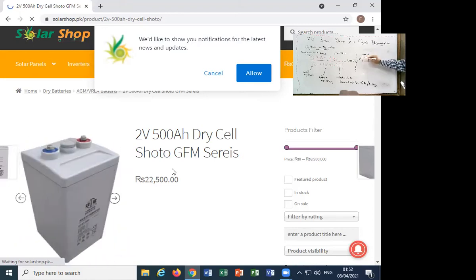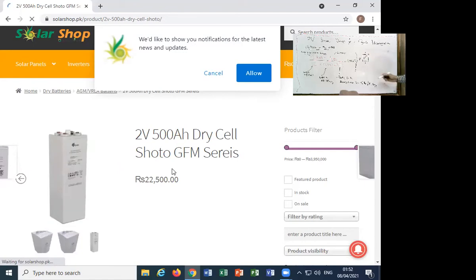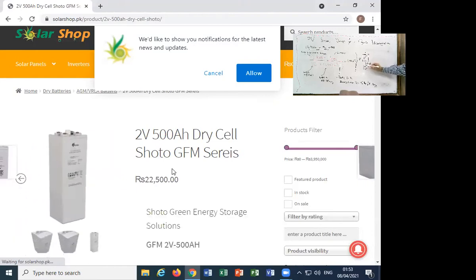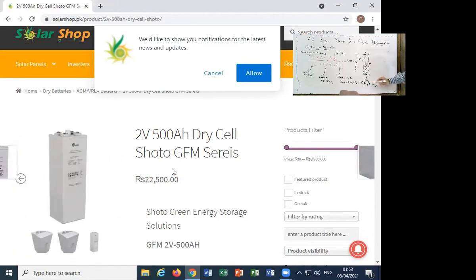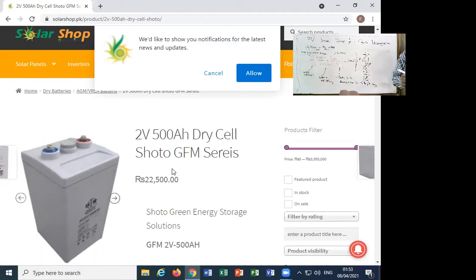So this is a 2-volt battery, and this is 500 ampere hour. You will be connecting these 6 batteries, plus to minus, then plus to minus. This is a 2-volt battery, 500 ampere hour. So in this way, we can make our combinations.